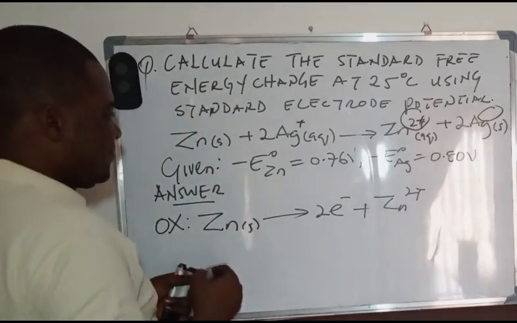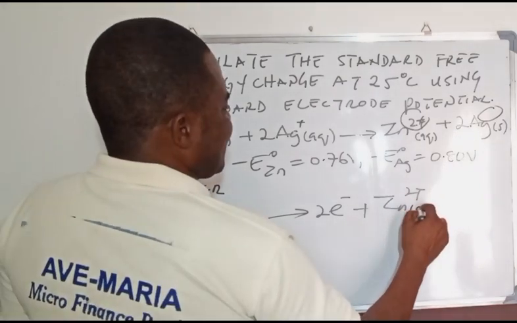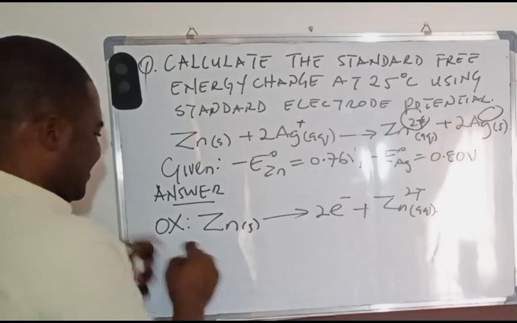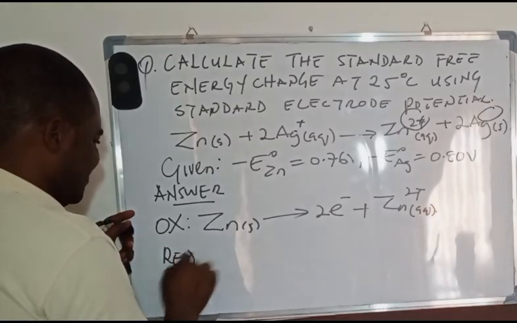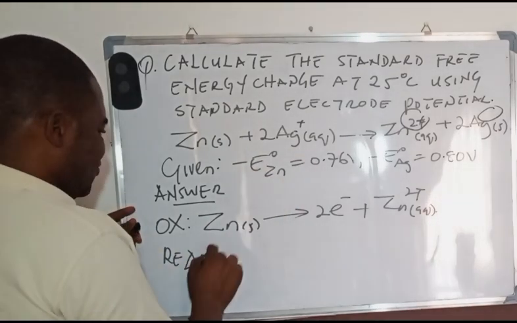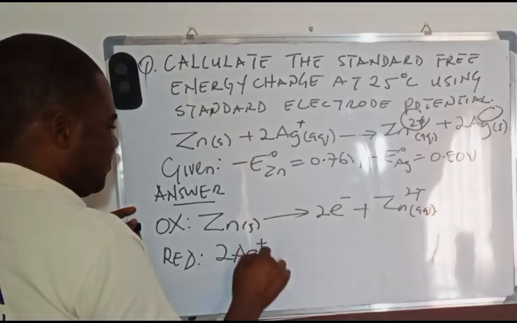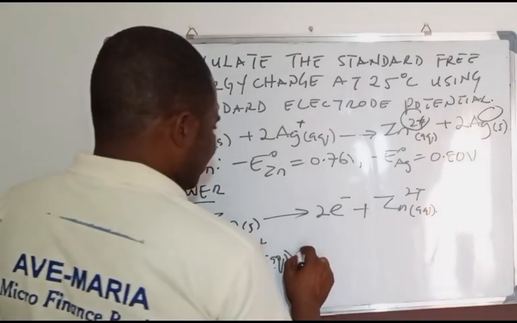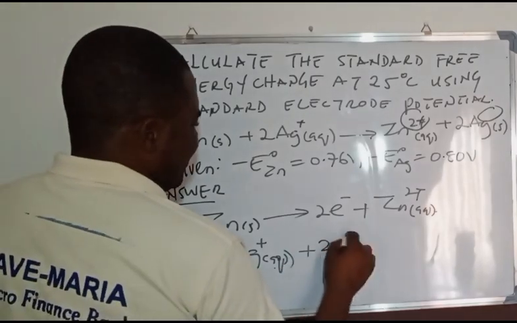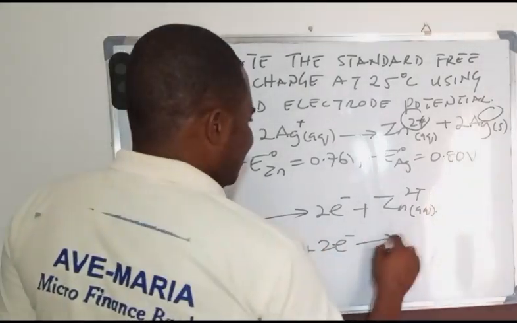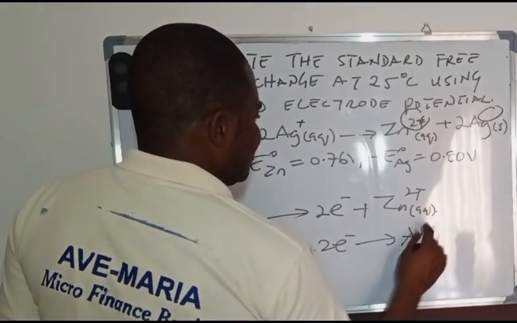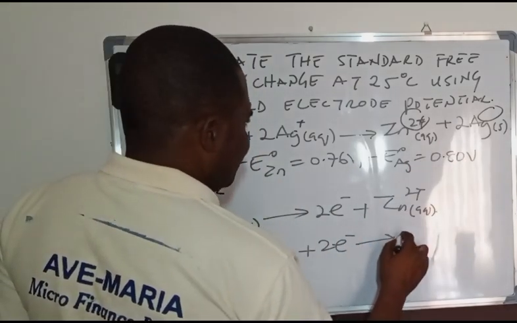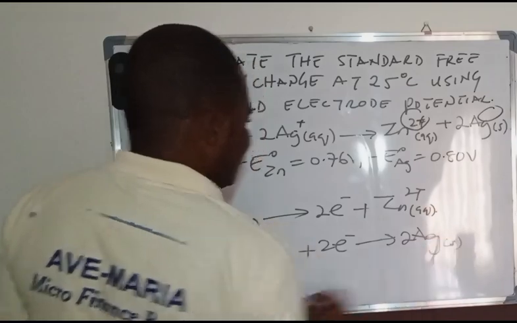Okay, that's what we have. So the zinc 2 plus is aqueous. And then the reduction equation is the silver. So silver plus, aqueous, plus 2 electrons, and this will give us 2 silver solid.